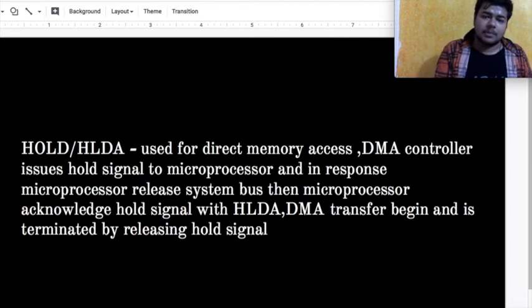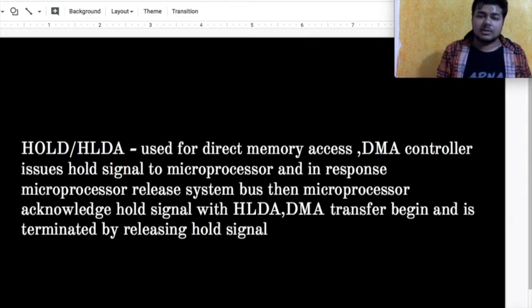Without this, what happens is the controller has to first interact with the microprocessor, and the microprocessor fetches data from the memory and then transfers it to whoever is asking for the data. With direct memory access we can do this directly. The data can transfer from memory to the DMA controller.